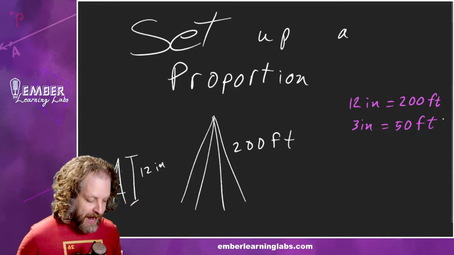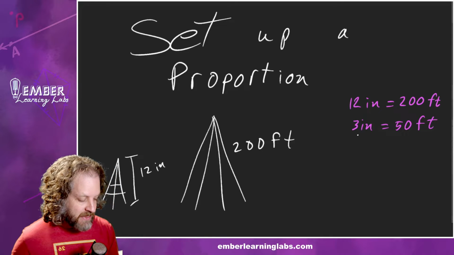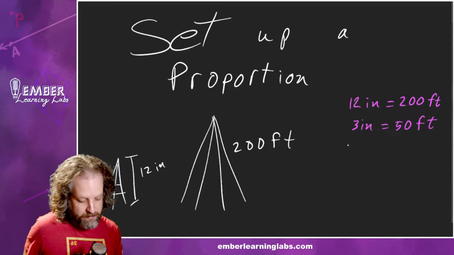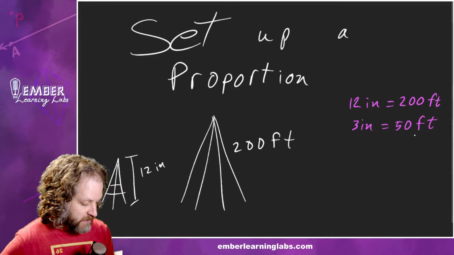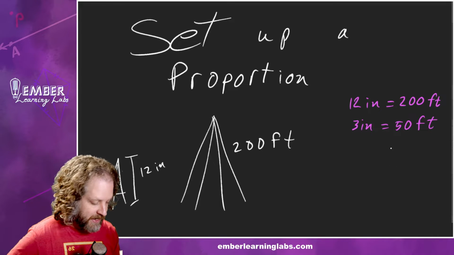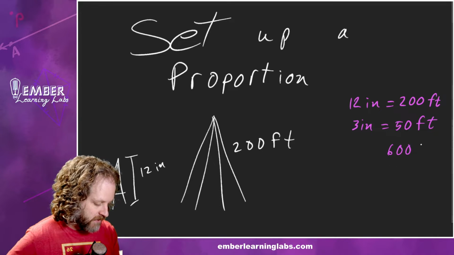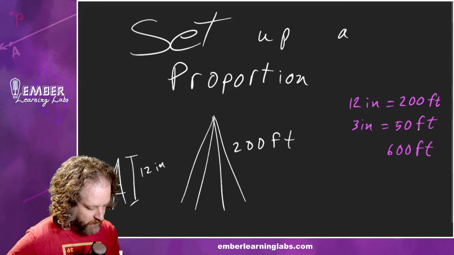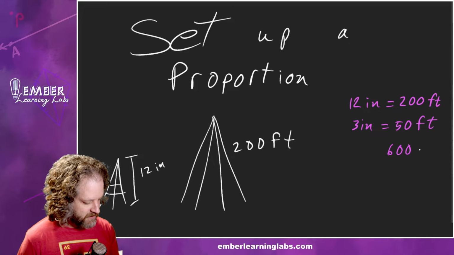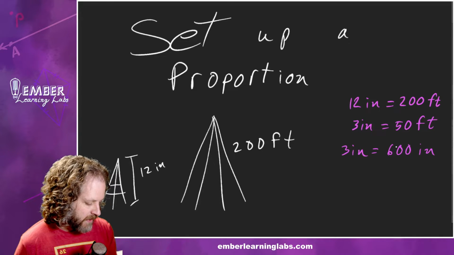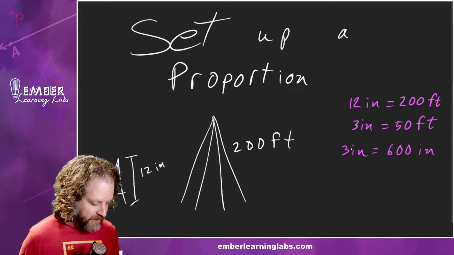Or if it asks you how many times as big as this, then we've got to convert our units and make them match. So you'd have to do 50 feet times 12 inches, right? And you'd get 600 feet. No, 600 inches. Inches equals 3 inches. And then we want to reduce it down to give us a 1.